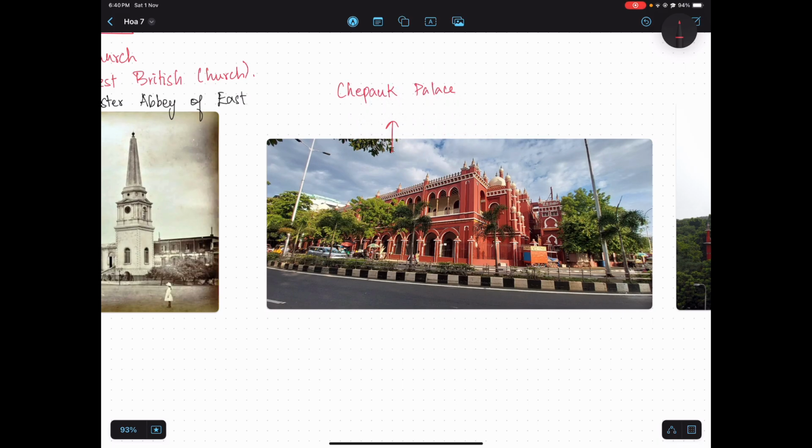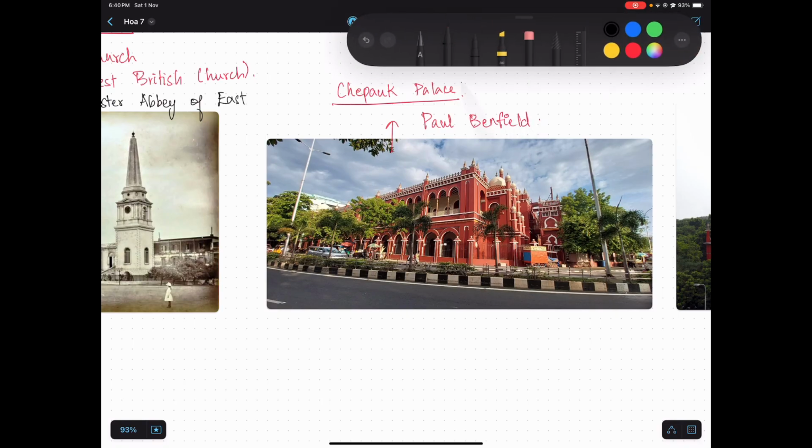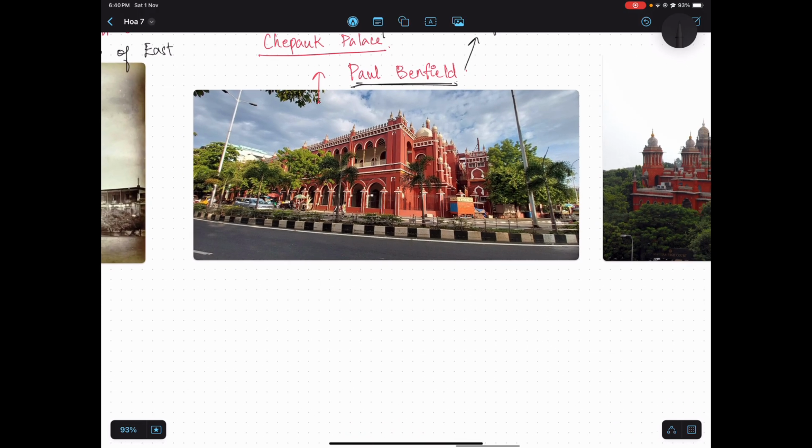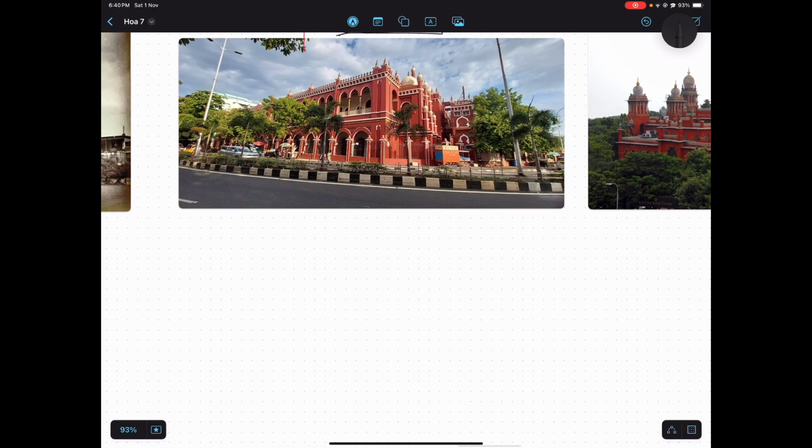which was designed by Paul Benfield. And Chepak Palace was built for the Nawab of Arcot. And Paul Benfield happened to be a friend of the Nawab, and he designed it for them. So if you see Chepak Palace, the material is extensively red brick, and lime plaster or lime mortar was used.